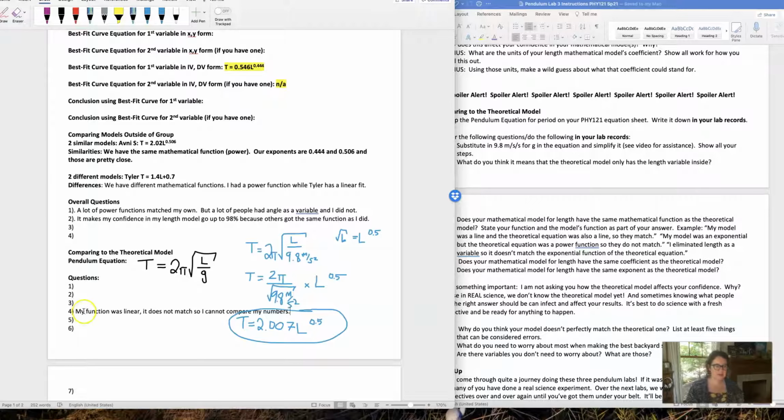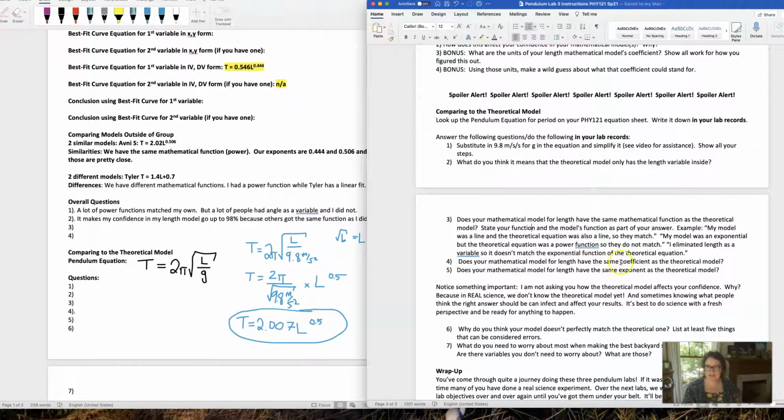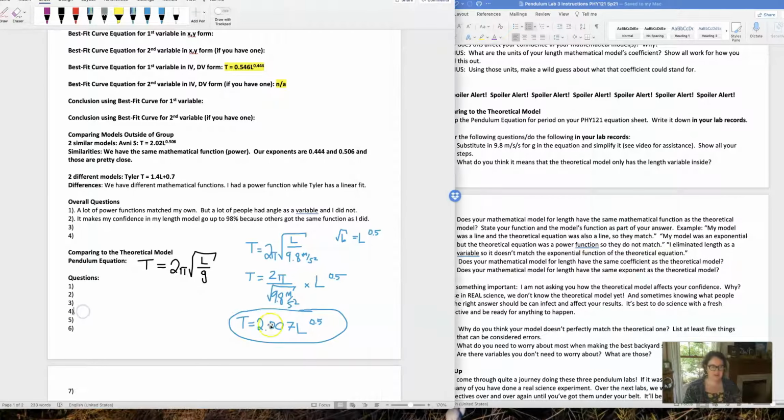That's legitimate. But if your function is the same, like mine up here, which I highlighted, is a power function, then for number 4, which is asking, does it have the same coefficient? Well, this is 2, mine is 0.5, so I would say no, and then make sure you actually say what your coefficient is.